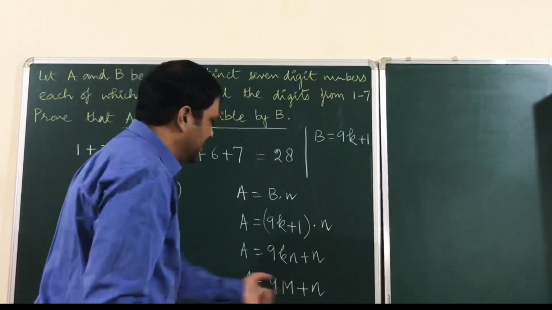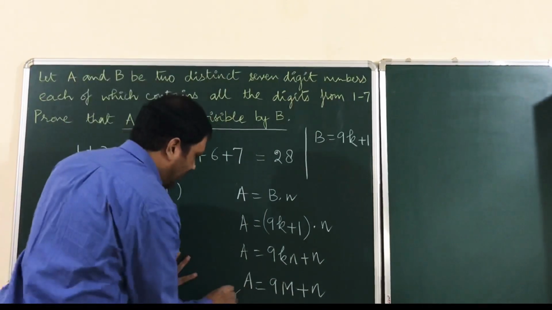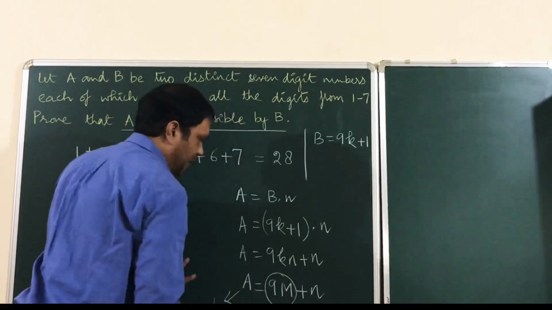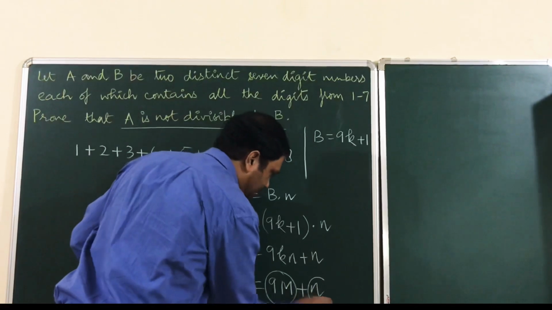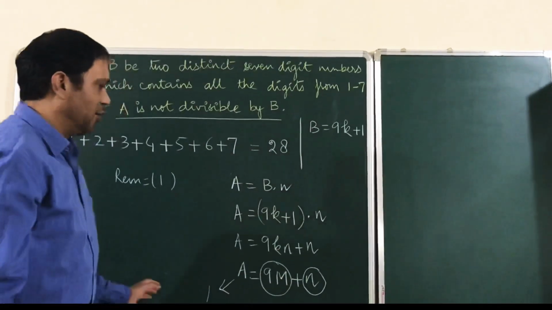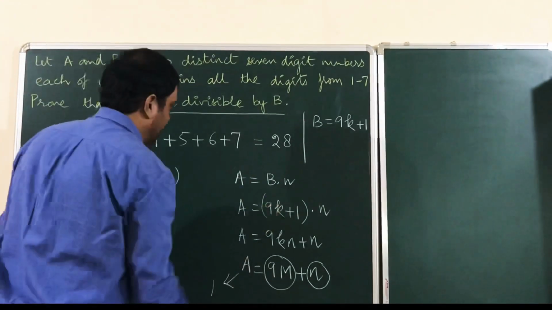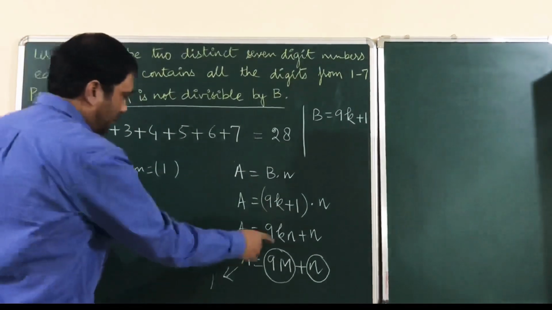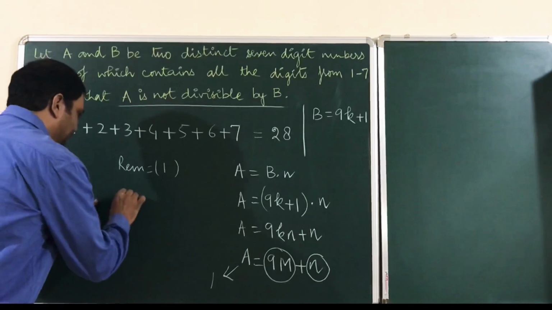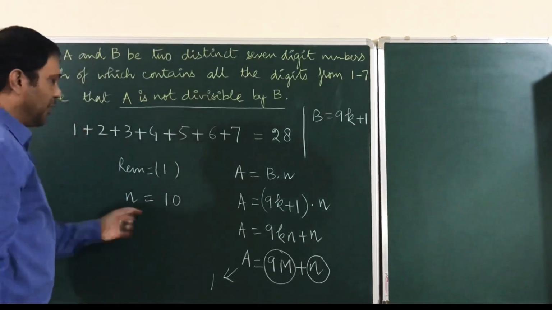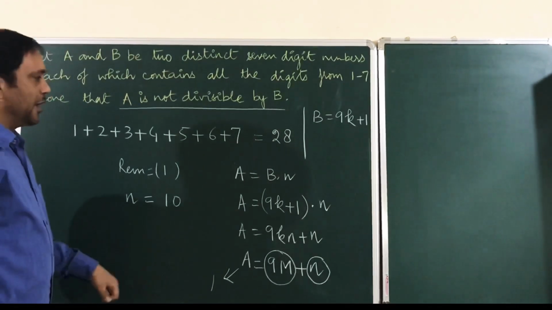If I divide both sides by 9, this side gives the remainder 1. And this 9M is divisible by 9, so here too you must get remainder 1 in order to balance the equation. As I have taken A equals B times N, N has to be at least 10, because when you divide by 9, you get the remainder 1.